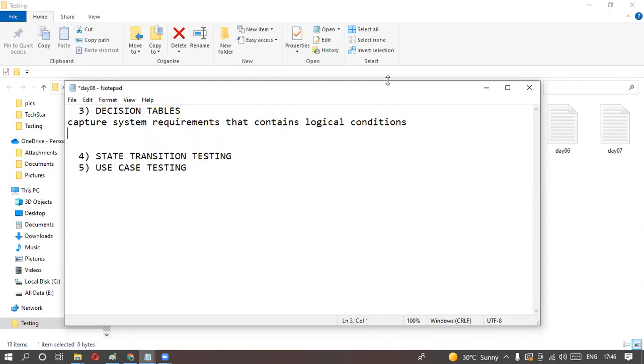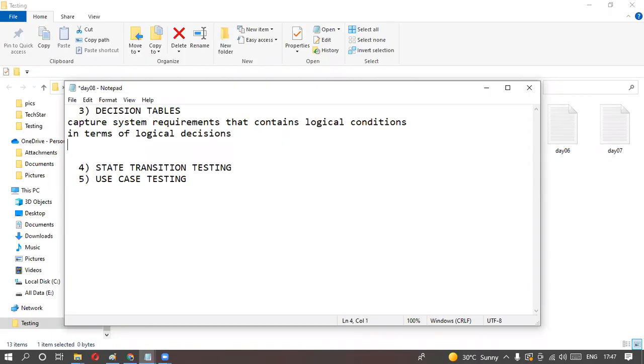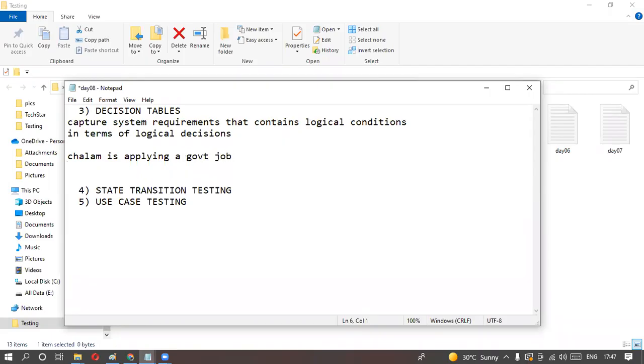Okay, what else? So here everything will be in terms of logical decisions. So let's take one example. Someone from our team, Chalam, is applying for a government job. For that, there are some conditions. Even if you apply for a police job or some government job, there are some conditions.